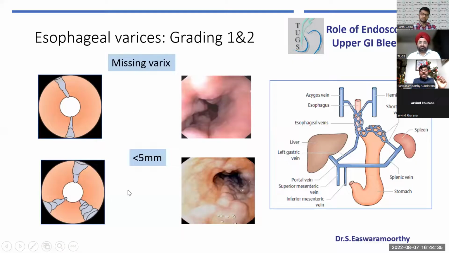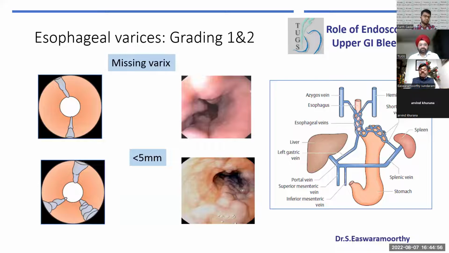Coming to banding, will you band all the esophageal varices? If you asked me, there is a classification worth recollecting, from 1 to 4. Grade 1 is a varix so small that when you inspect the esophagus and insufflate it, it will disappear in front of your very eyes.